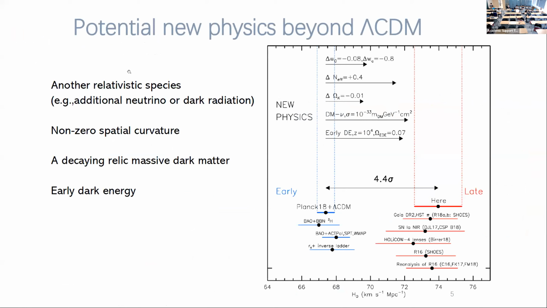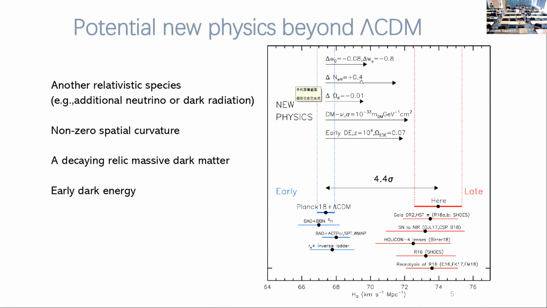These are the most popular methods to reduce the H0 tension in the theoretical part. The first is to add additional neutrinos or additional radiation.